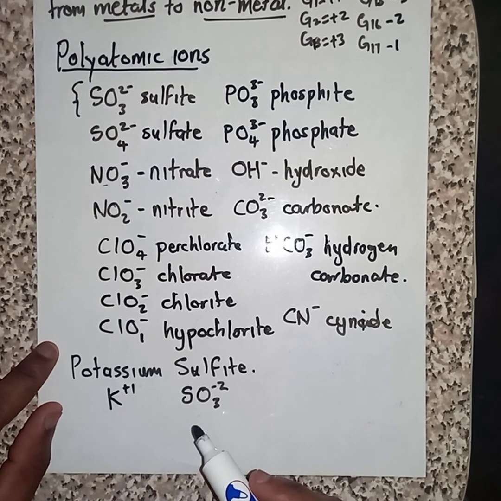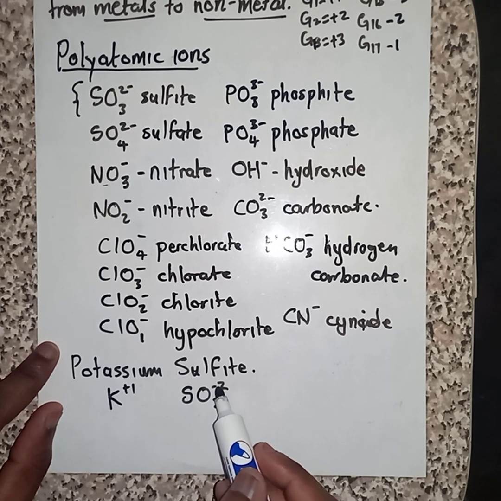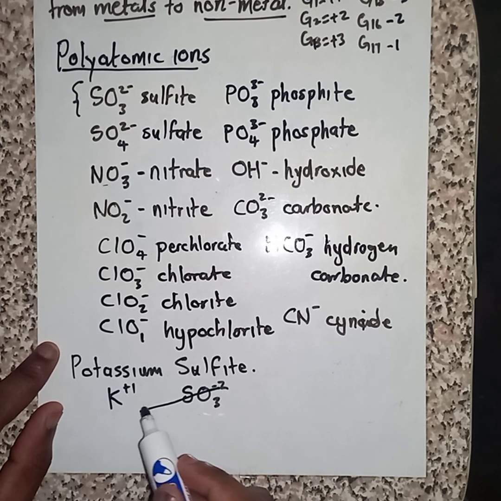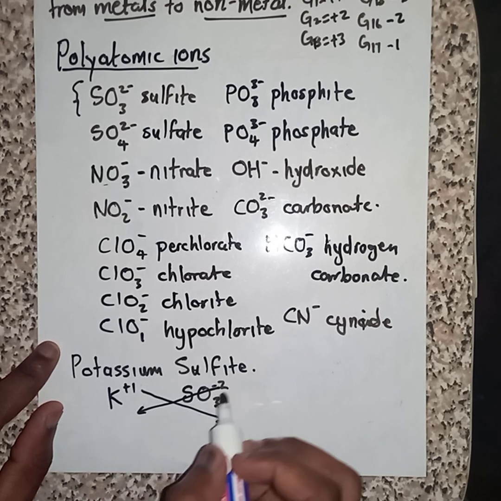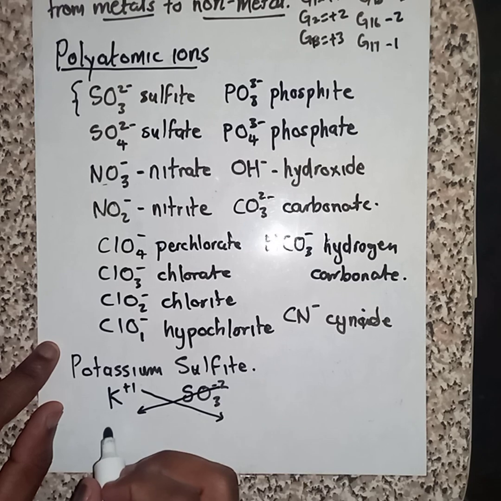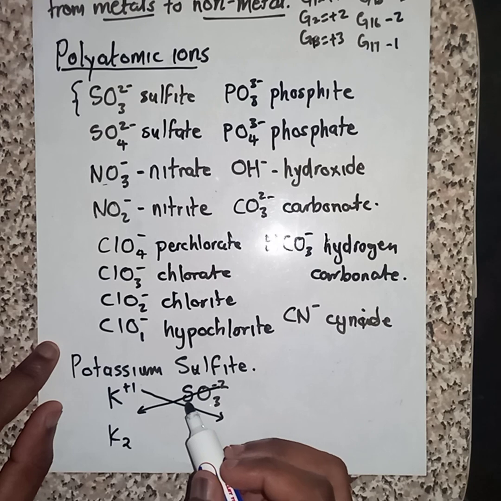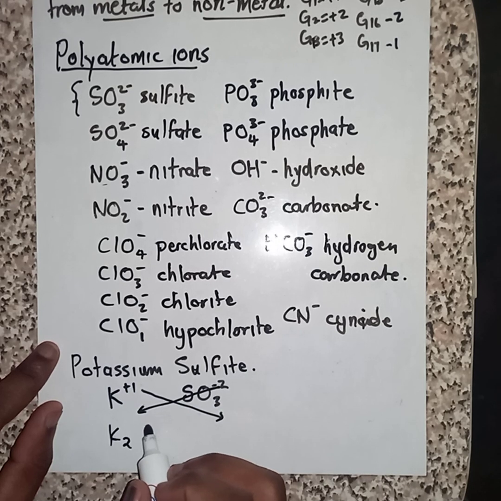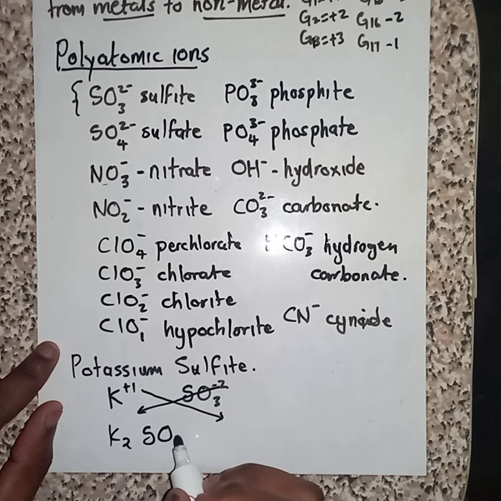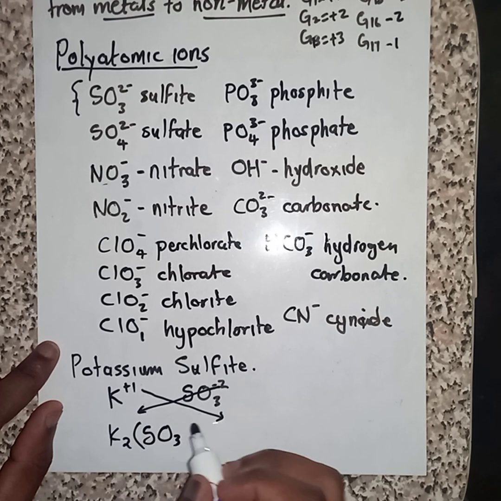It's so simple. You just need to use the cross method. Where you see K, you write 2, so it's going to be K2. Then where you see SO4, it's going to be 1. Let me put brackets.